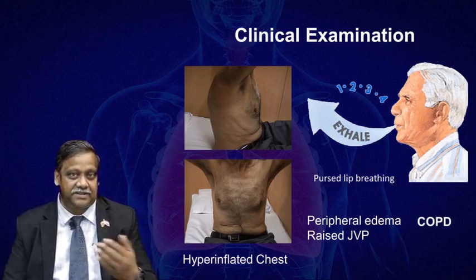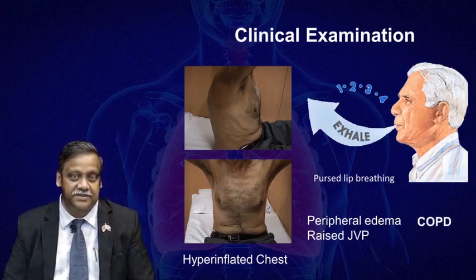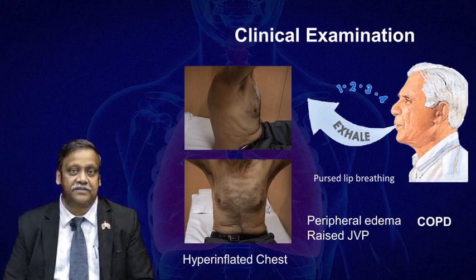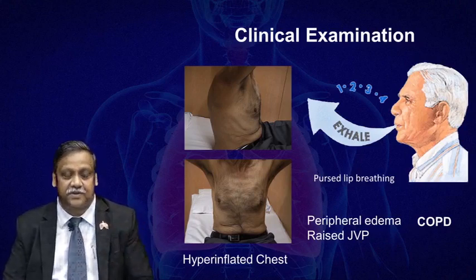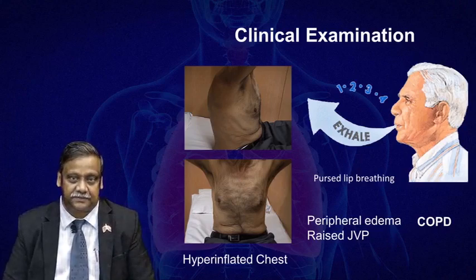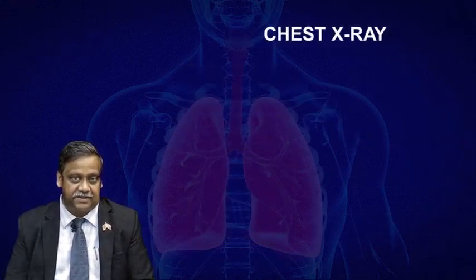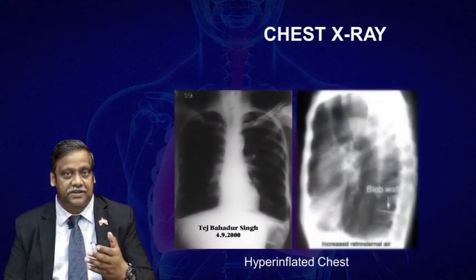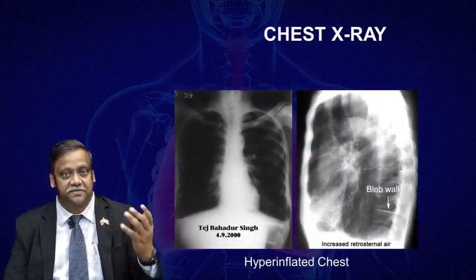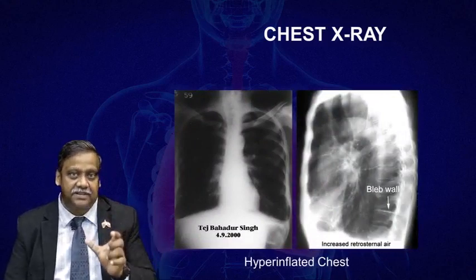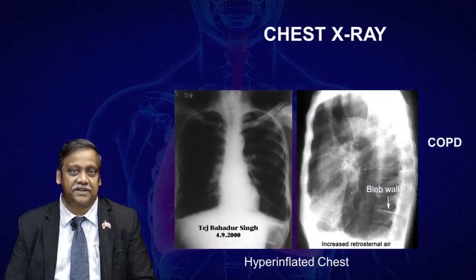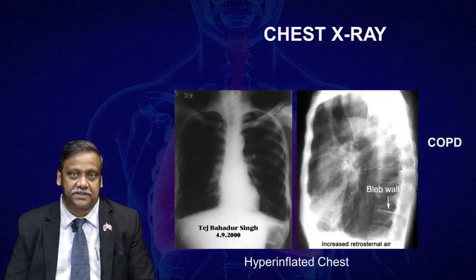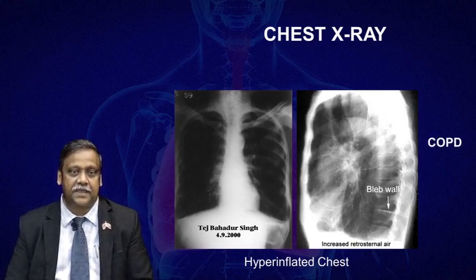So hyperinflated chest, pursed lip breathing, and features of heart failure go in favor of a diagnosis of COPD. So you're catching the clues on clinical examination. If you have access to a chest X-ray and you find hyperlucent lungs, nice big hyperlucent lungs, a small thin heart, and low flat diaphragms, then you know that this is COPD, because asthma doesn't present with these features at all.